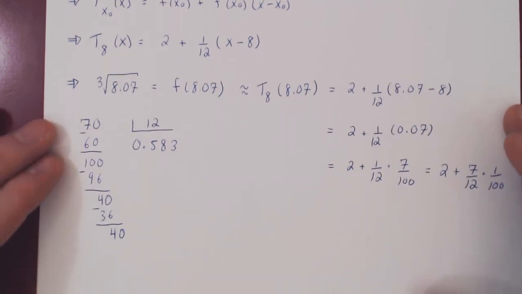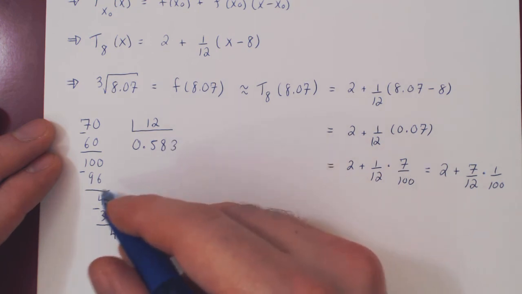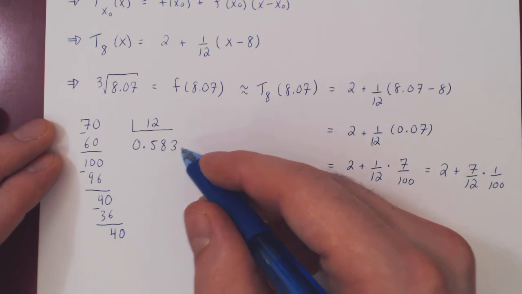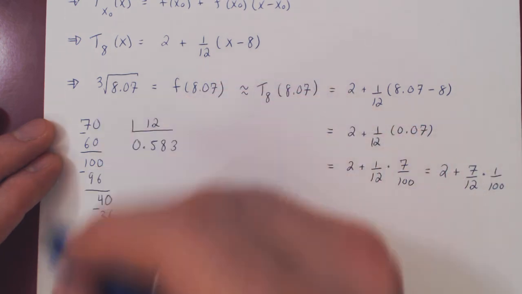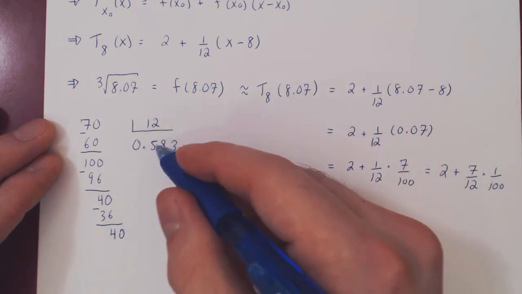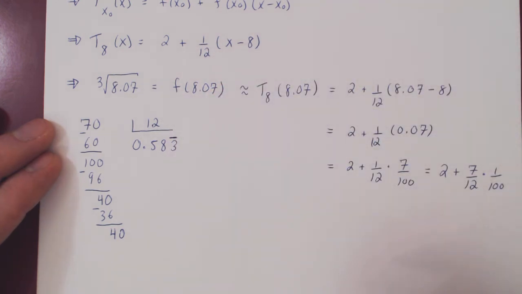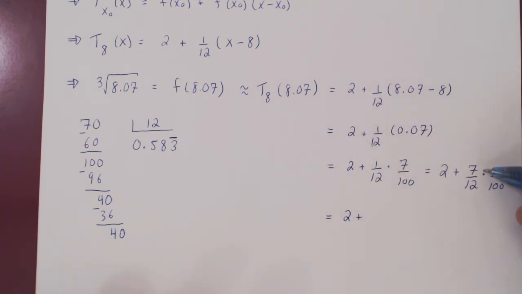And this is where it gets interesting, because now we're going to cycle back to 40. And once we got 40, we got the number 3. And so we'll get back again 3, 3, 3 forever. So 7 over 12 in decimals is 0.583 periodic. So now we can replace in here. This will become 2 plus, but be careful.